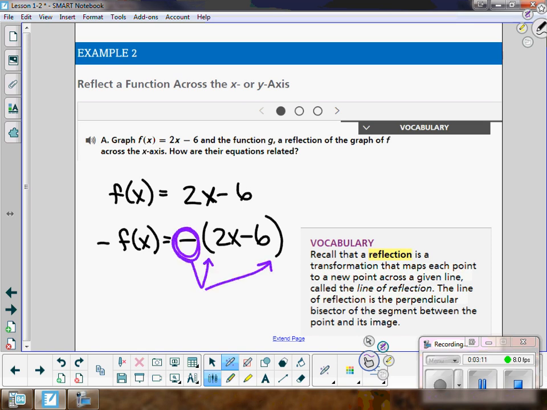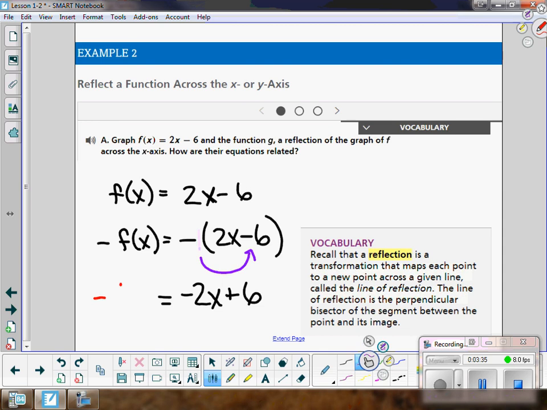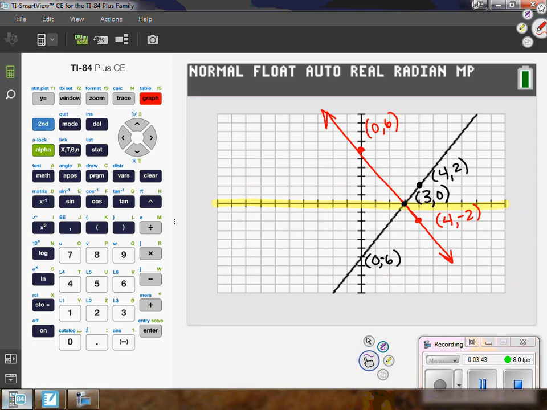So put the function in parentheses, and we're going to distribute that negative sign through. So what happens when we take the negative to the 2x? And what happens when we take the negative to the other negative? It's like a negative 1 multiplying by negative 6 to turn that into plus 6. Ask yourself, is this the opposite of f of x, the equation that's going to produce this red line?